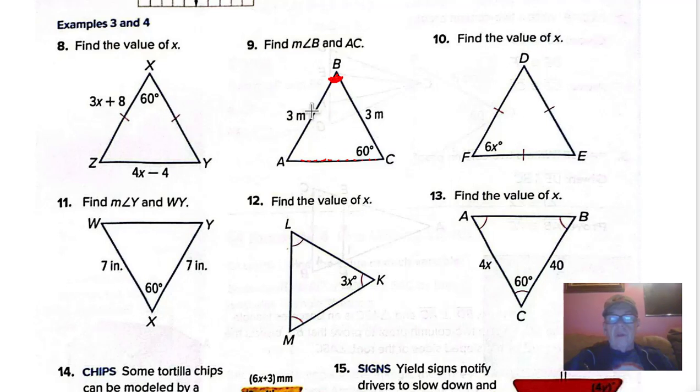These are 3's, so these are congruent sides, which means base angles have to be congruent. So if this is 60, this has to be 60, because in an isosceles triangle, the angles that are opposite the congruent sides have to be equal. And altogether, these angles need to add up to 180 degrees. So 60 plus 60 is 120. That leaves the measure of angle B equals 60 degrees.